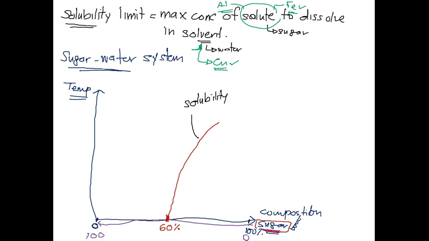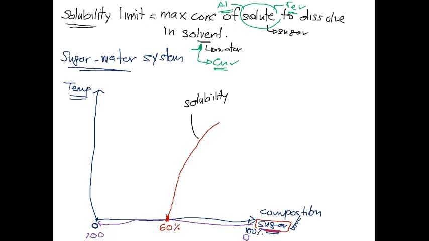Okay, so at this point, your sugar will be soluble inside the water. For example here, you have 60% of sugar at 0 degrees. For example, yang ini kita start with 0, ataupun 0 tu macam tak promising kan.